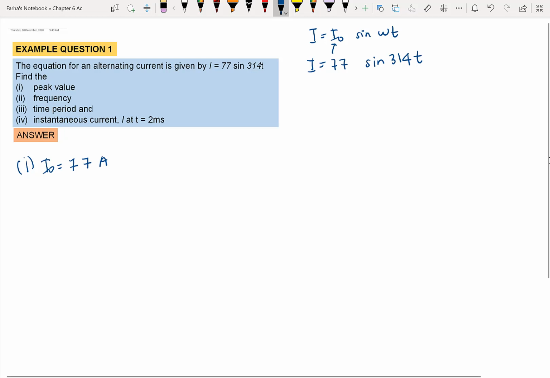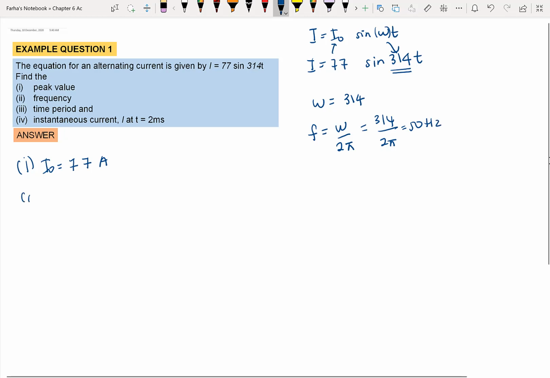The frequency we can get from omega, which is the angular velocity. The angular velocity is equal to 314. Frequency equals omega over 2 pi. Therefore, 314 over 2 pi gives 50 Hertz.